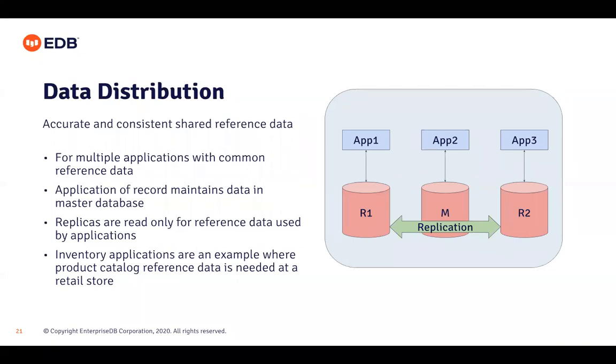So in this scenario, the application of record is publishing this common reference data out to those other replicas, where the applications use it in a read-only manner for their needs. So this provides accurate and consistent shared reference data across the enterprise applications that need it.